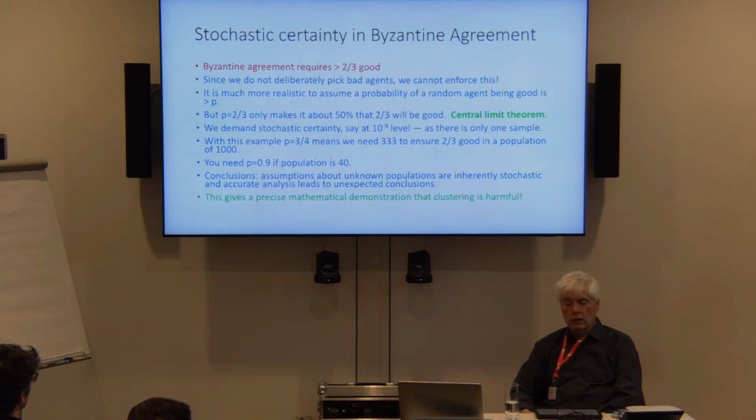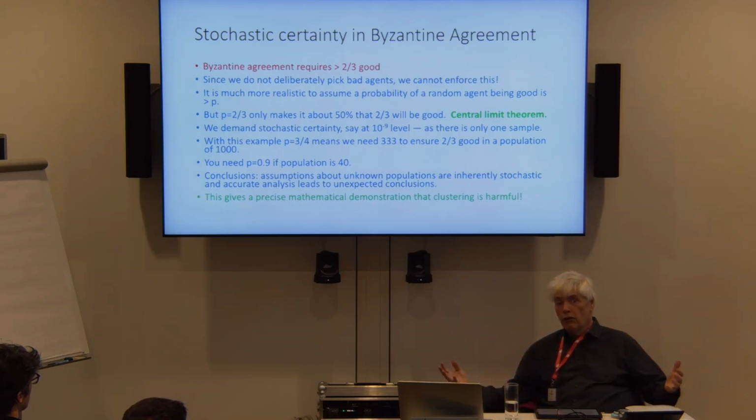So if we are going to demand stochastic certainty, then we want it to be certain at, say, the 2 to the minus 9 level, because we're only going to make one selection of agents.